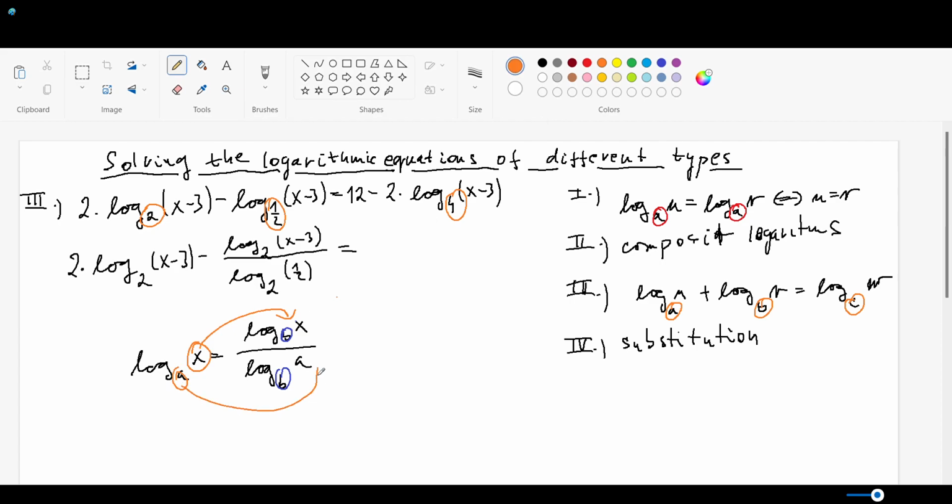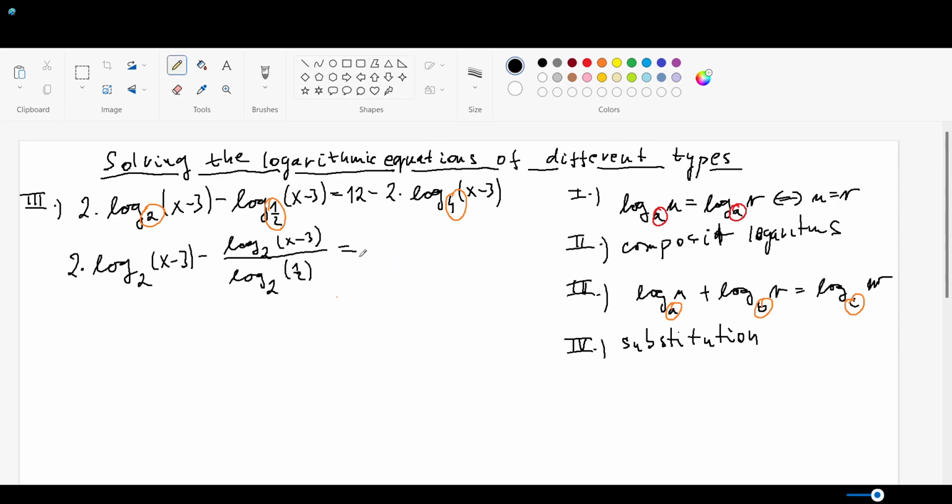So a becomes the argument here. This is the change of base rule we used to rearrange the second term of the left side of our equation.